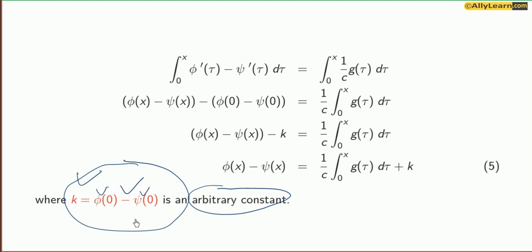Now we will be dividing our proof into two cases. So friends, first case is when x is more than ct. So this implies that x minus ct is positive. As I have explained in that small outline of the proof, when x minus ct is positive, then we will be exploiting just the first two conditions of initial displacement and initial velocity to find the values of phi and psi in terms of f and g.